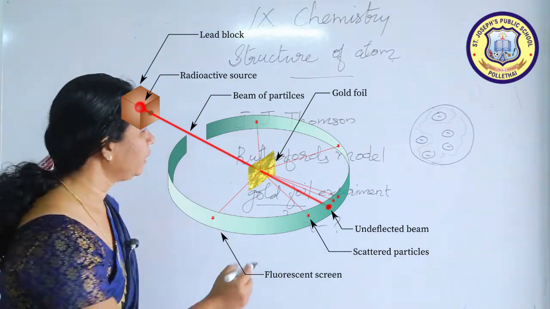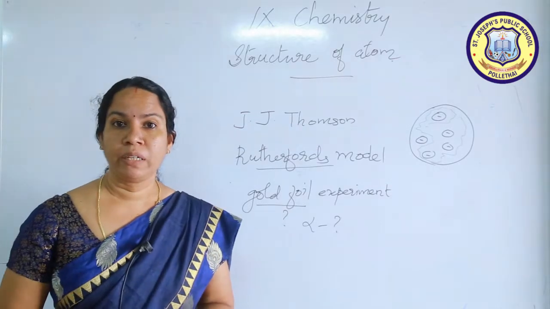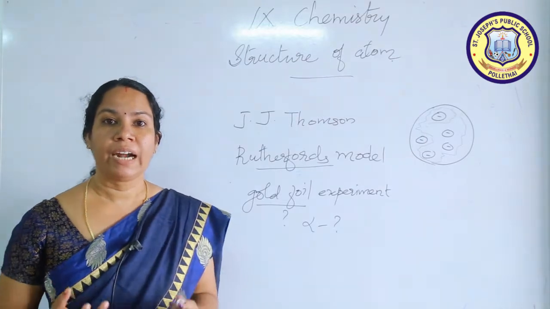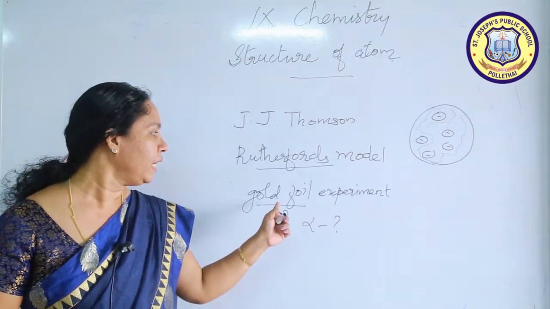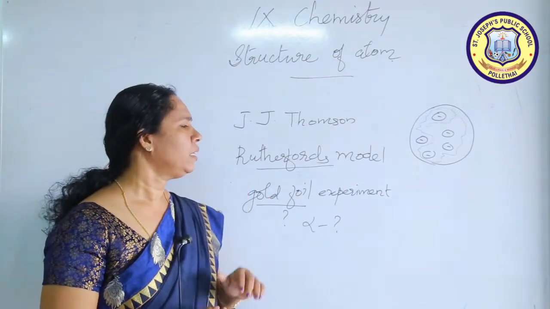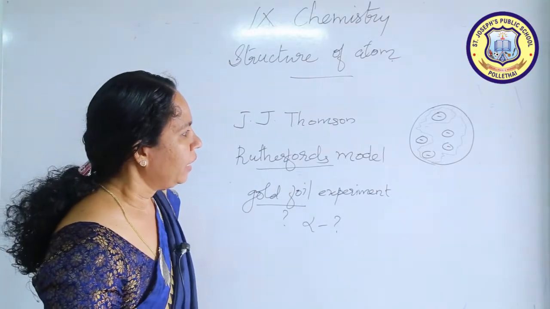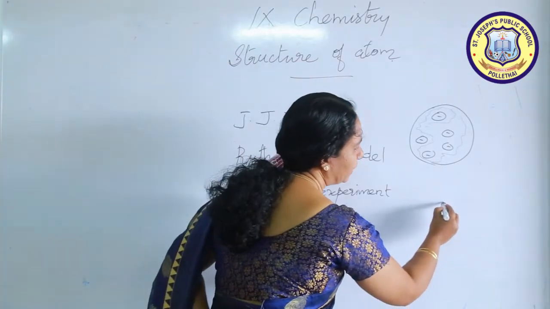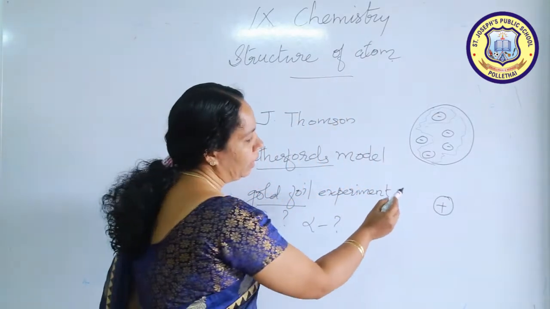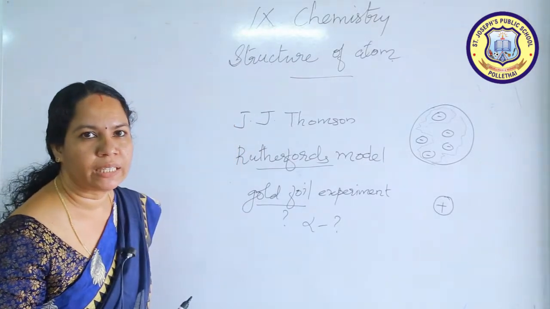In Rutherford's model, after doing the gold foil experiment, the observations were entirely different. He got unexpected observations. On the basis of this experiment, he saw that atom has a positively charged center. Which are the positively charged particles in an atom?